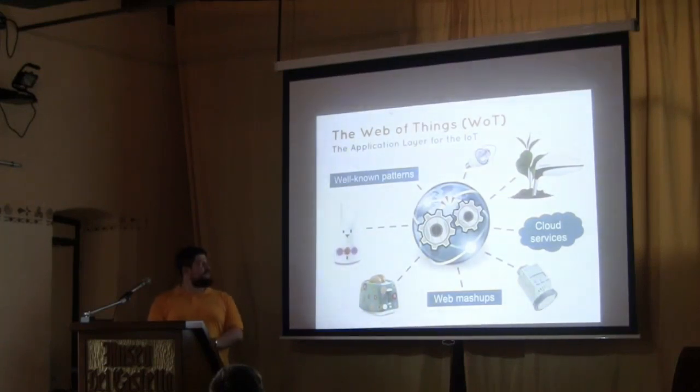The advantage we have there is the well-known patterns, how to design applications, the integration of cloud services for scalability and so on, and this nice thing about web mashups, to easily connect different applications together to build something even better. That's what we want to have for the Internet of Things as well.